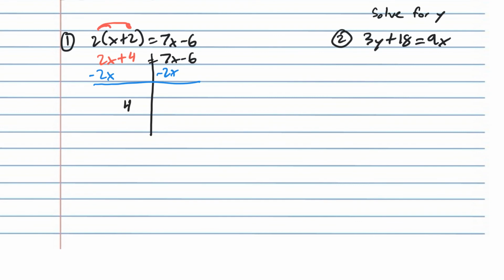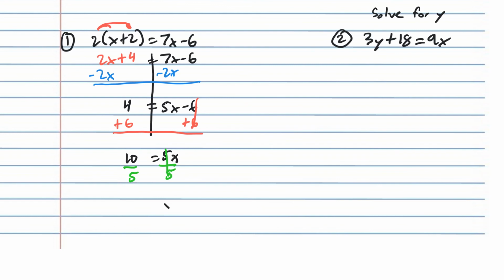We have leftovers, 4, 5x minus 6. Now we need to get rid of that 6. It's negative, so I'm adding it this time. Leftovers. And last step, get rid of that 5.